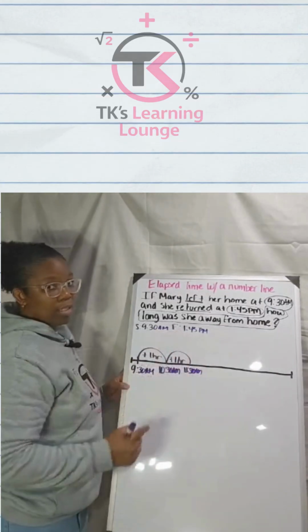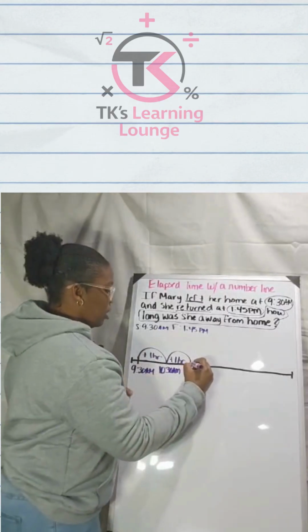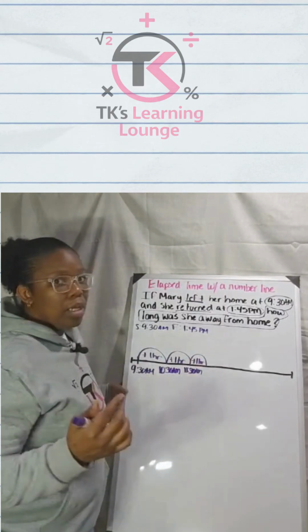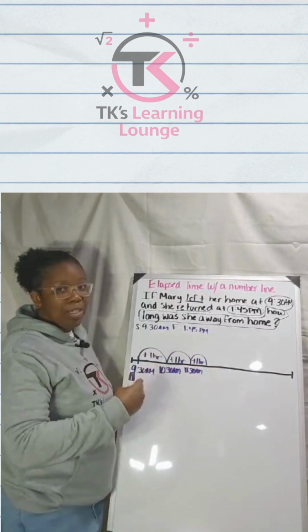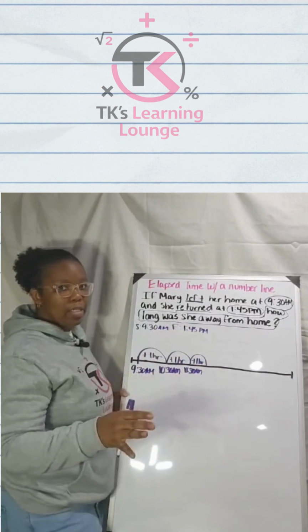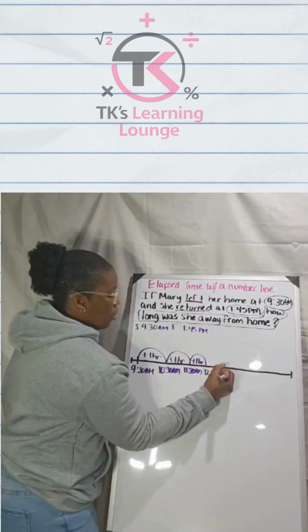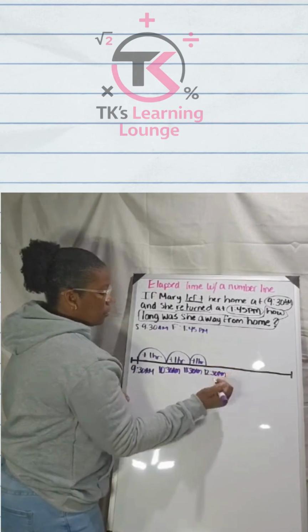I know that I still need to get to 1:45. I'm not there yet, so I'm going to jump another hour. Now, if your student's able to jump maybe 2 or 3 hours at a time, that is okay as well. So 1 more hour is now going to put me at 12:30.